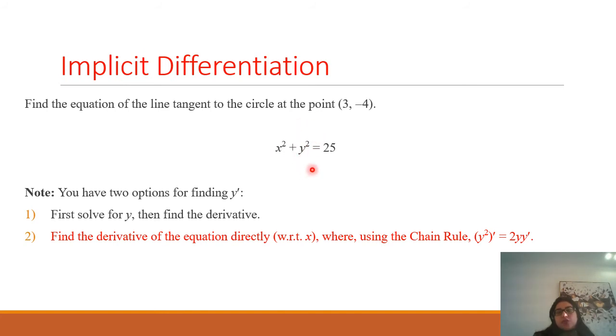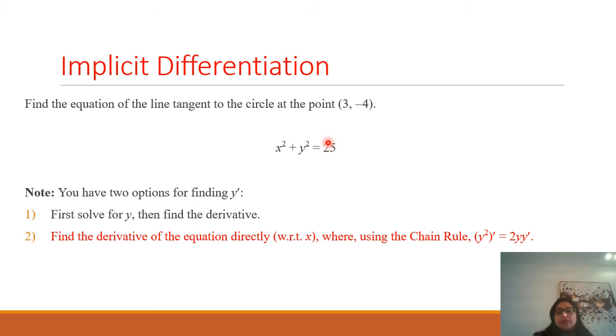But if I have y squared, I have a problem. Y is not the term I'm differentiating with respect to. So whenever I find a y, I have to put a y dash. So y squared will be 2y, just a simple differentiation, but I have to put a y dash, because this is not the term I am doing the differentiation with respect to. And then the 25 will be 0.